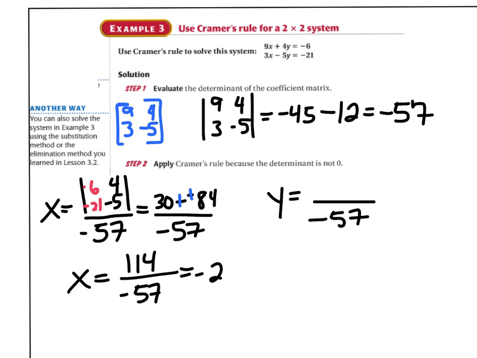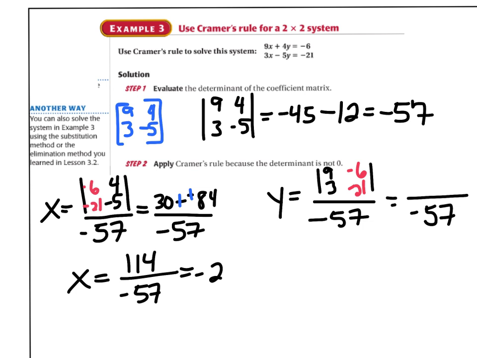Alright, let's go over to the y value, and we will take the determinant of your x column numbers, which were 9 and 3, and your y column in this case gets replaced, remember, with the constants negative 6 and negative 21, and we will take the determinant of that.